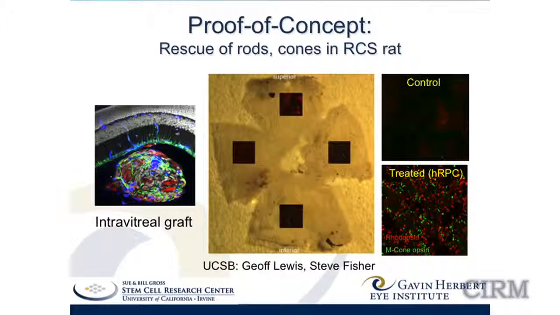And interestingly, you see not only are the cones preserved, but also the rods. So this pro-retinogenic effect seems to be not specific just for the cones, but involves both types of photoreceptors, and it may well have a similar impact on any type of retinal neuron.